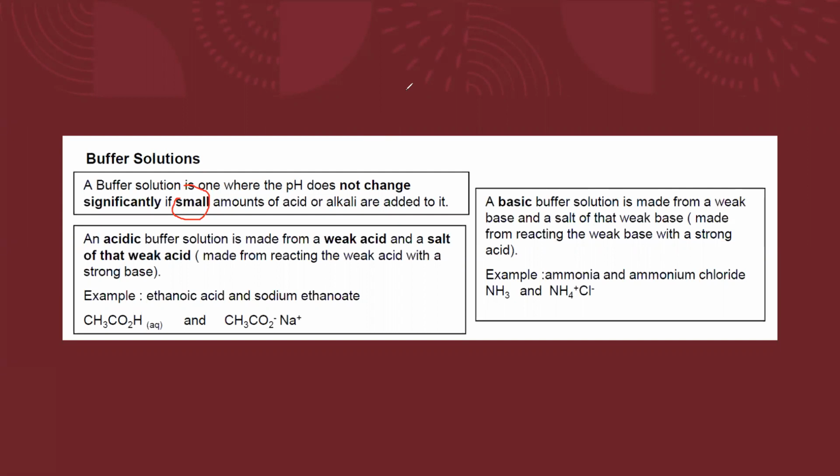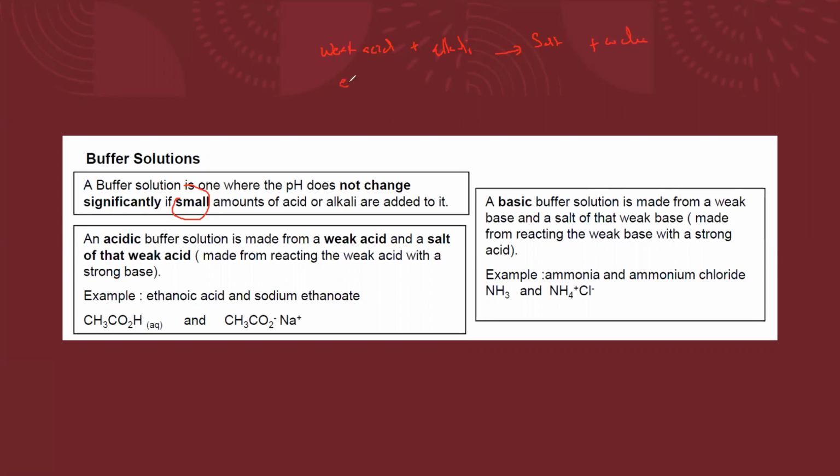How the buffer solution works, that's the important thing, and how a buffer solution can be formed. For example, if a weak acid is reacting with a strong alkali, this will result in the formation of a salt of the weak acid and water.